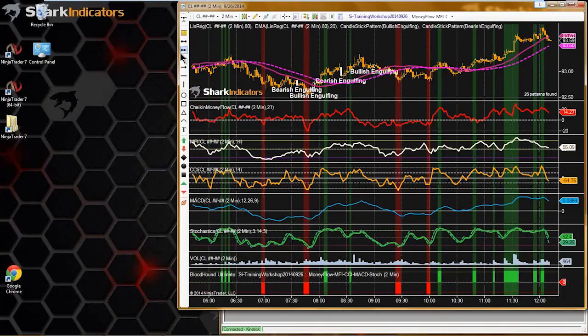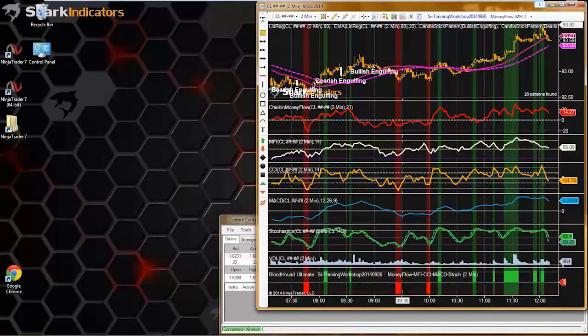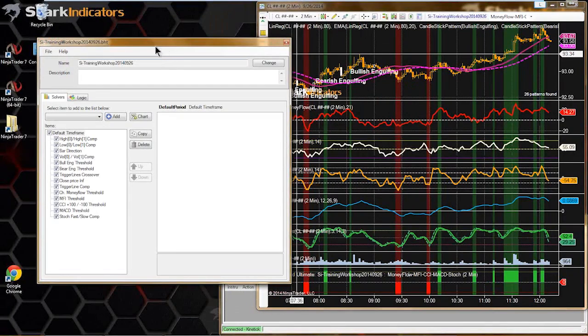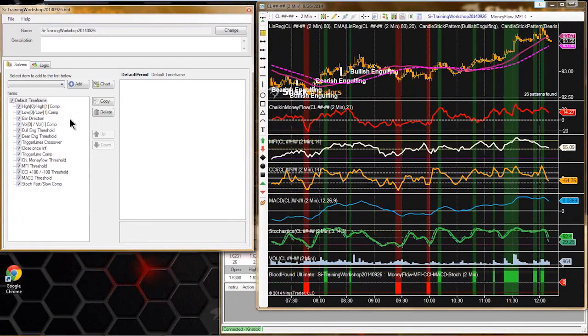So to check the 2-minute against the 10-minute chart, let's add a chart here. We can see we got a new chart down here. We'll set this to our 10-minute, like so.